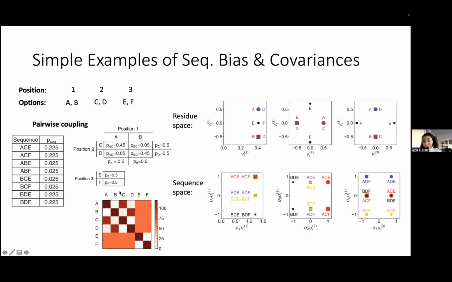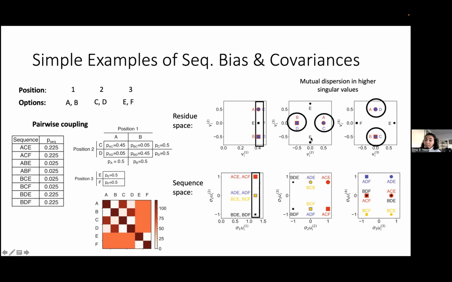And so if we project that all into space, we get charts that look like this. And so there it is again, that conservation along the first singular coordinate. And we see that from our frequencies and our probabilities for each of those sequences and residues.